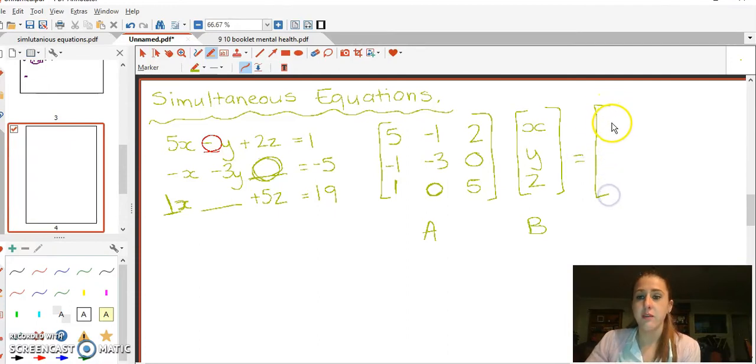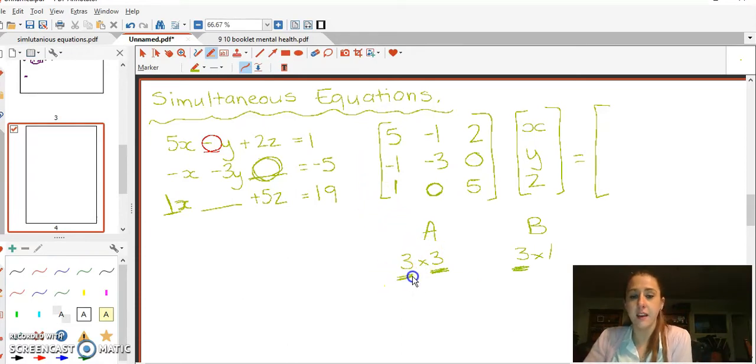And then we go over into our answers column. And of course, because this one is a 3 by 3, and this is a 3 by 1, the middle numbers indicate that we can multiply this through, and then the numbers on the outside indicate the order of the answer matrix. So it's a 3 by 1.